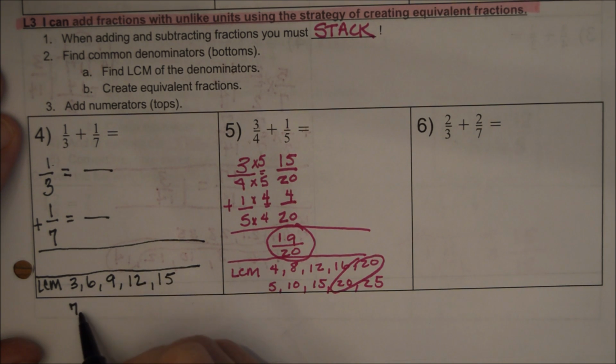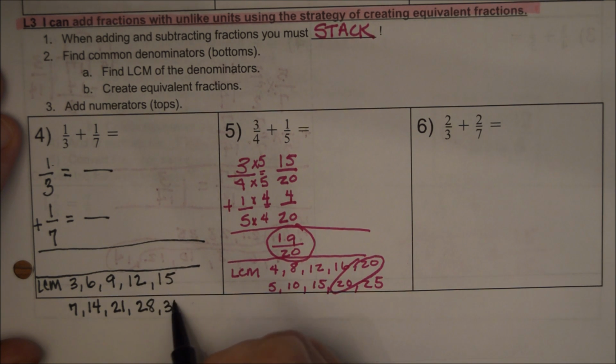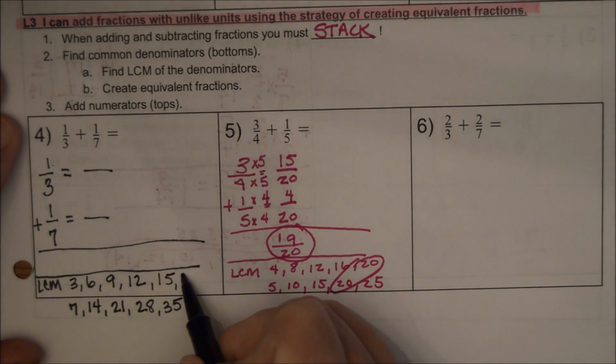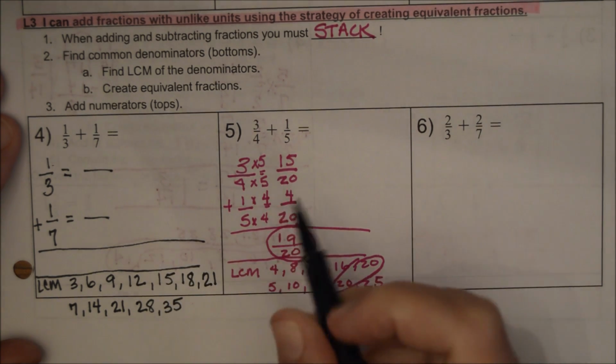And then there's 7. 7, 14, 21, 28, 35. Okay, I don't have any that match yet, so I'm going to go with the smaller of the two denominators and keep going. 15, 18, 21. There we go.